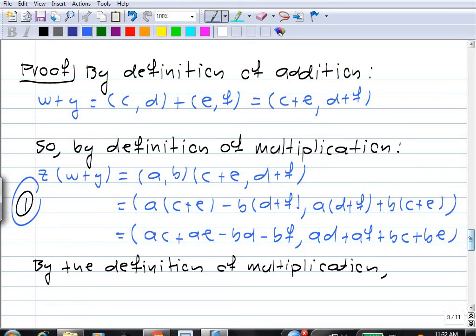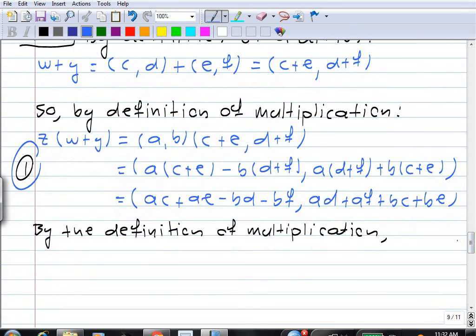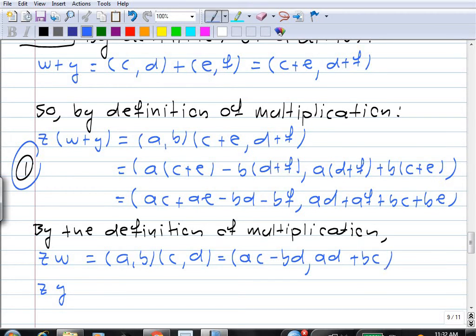Now let's look at the right-hand side. The right-hand side contains ZW and ZY. So ZW, that's (A, B) times (C, D). We apply the definition of multiplication, which gives us (AC minus BD, AD plus BC).